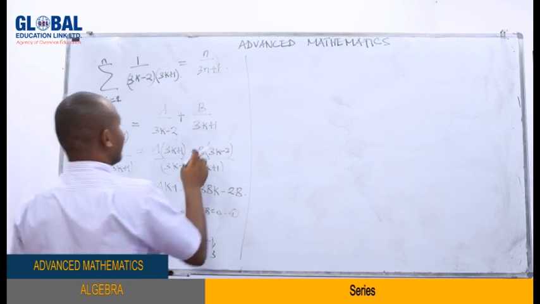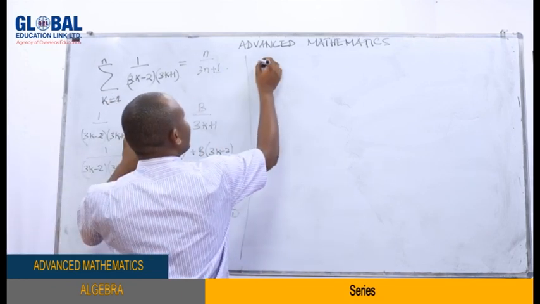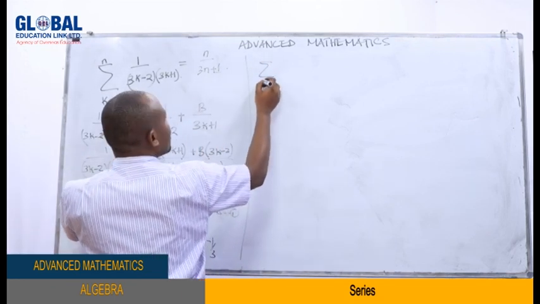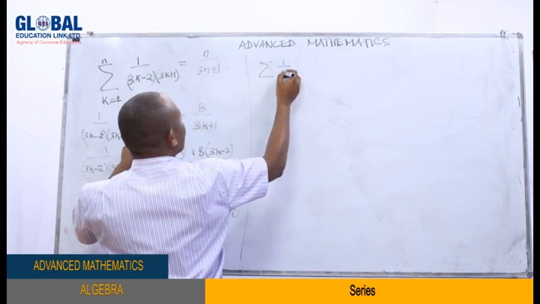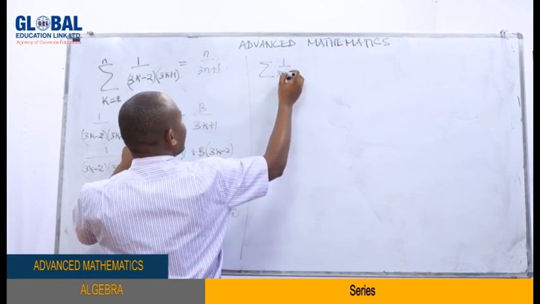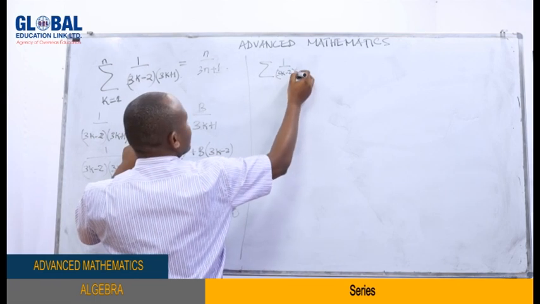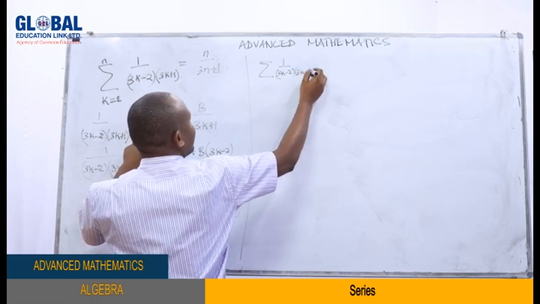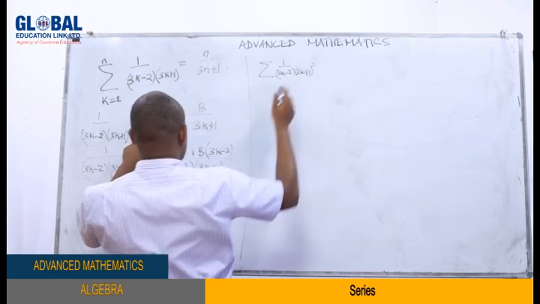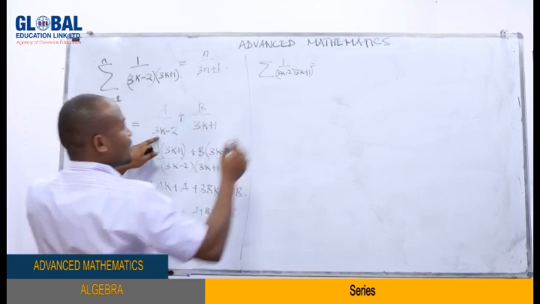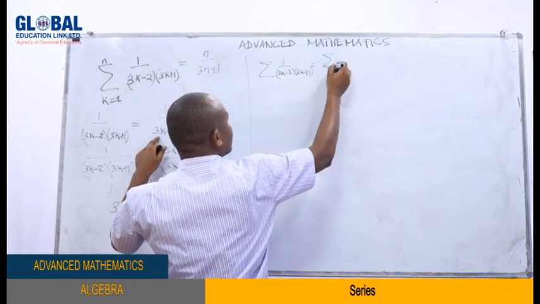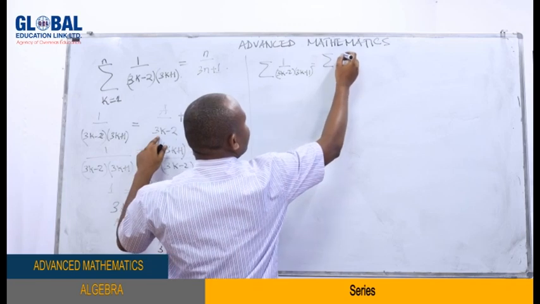We are going to have the summation of 1 over (3k minus 2)(3k plus 1) equals to what? The summation of the following.